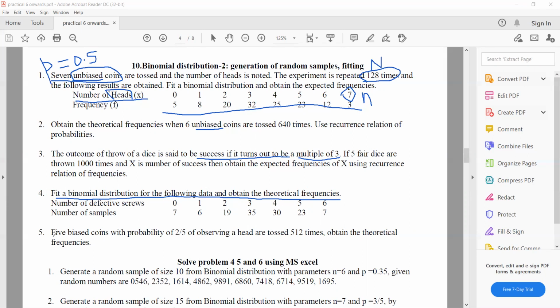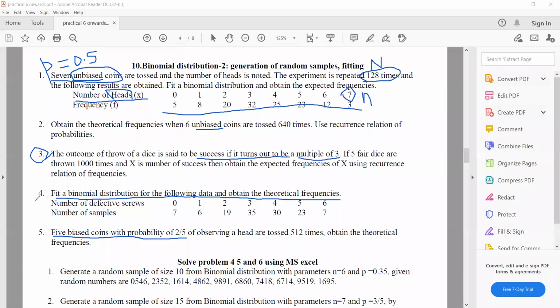And then in some cases, the coins are not unbiased. They have a biased property, and the probability of observing a head there is 2/5. So in some cases only the p value is given. In some cases, like here, it will be hidden in the statement, so you have to apply the basic concepts of probability and obtain the probability of success.